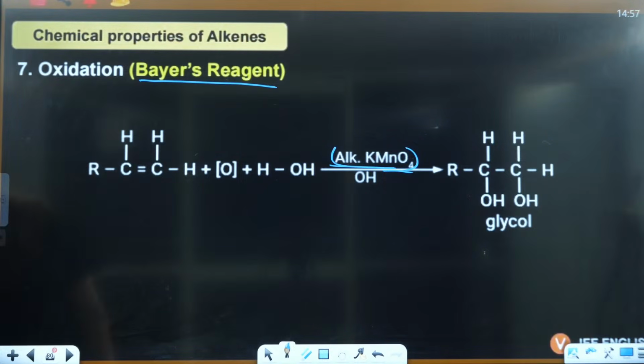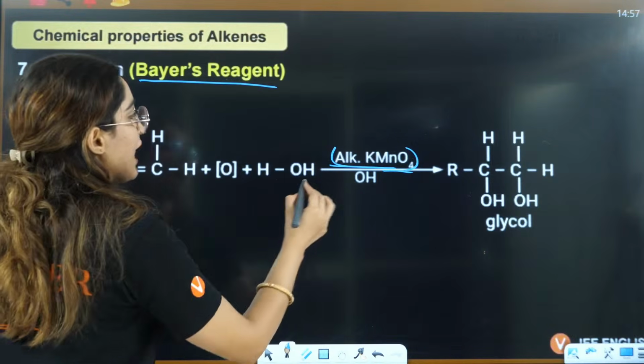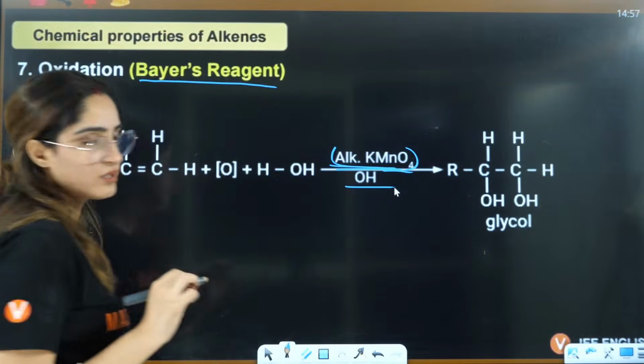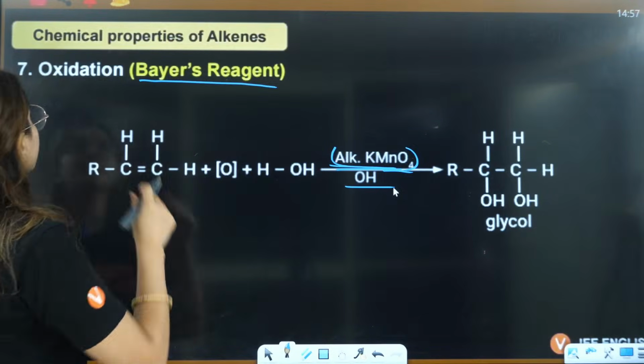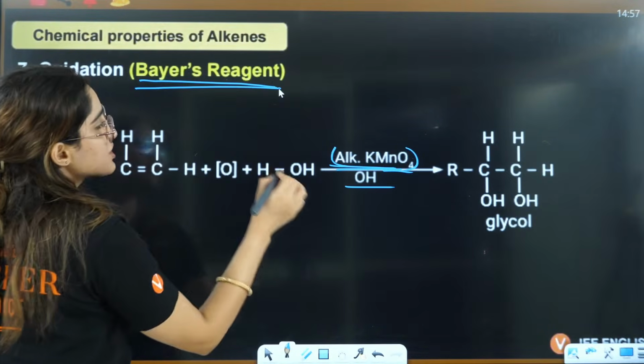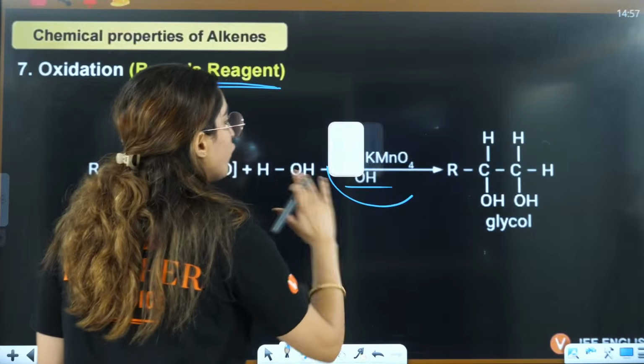Oxidation with Bayer's reagent, that is alkaline KMnO4.